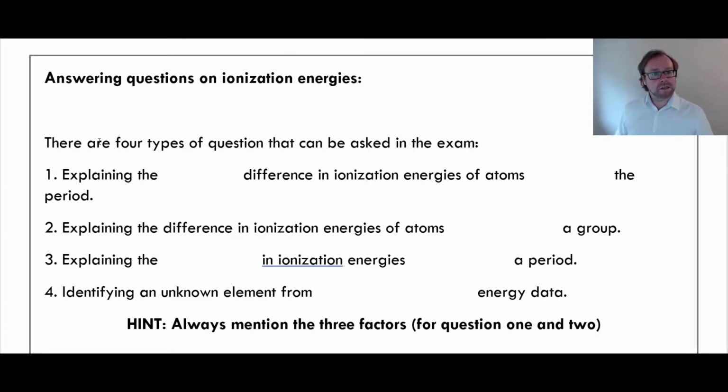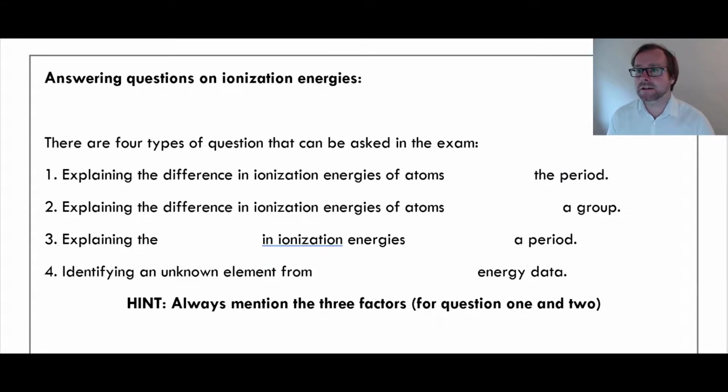There are four types of questions that can usually be asked in an exam. The first one is explaining the difference in ionization energies of atoms across the period. Excuse me a second. Okay, that's why I was getting confused, because there shouldn't have been a gap, so let's try again.